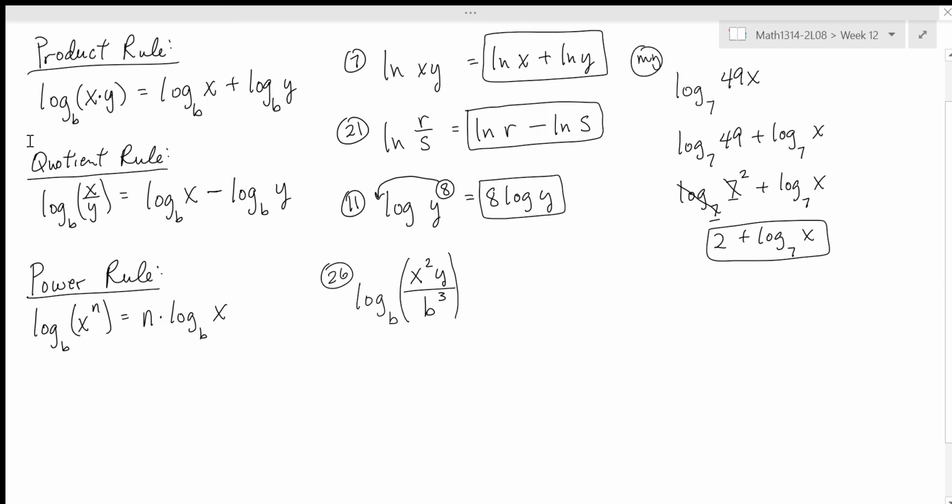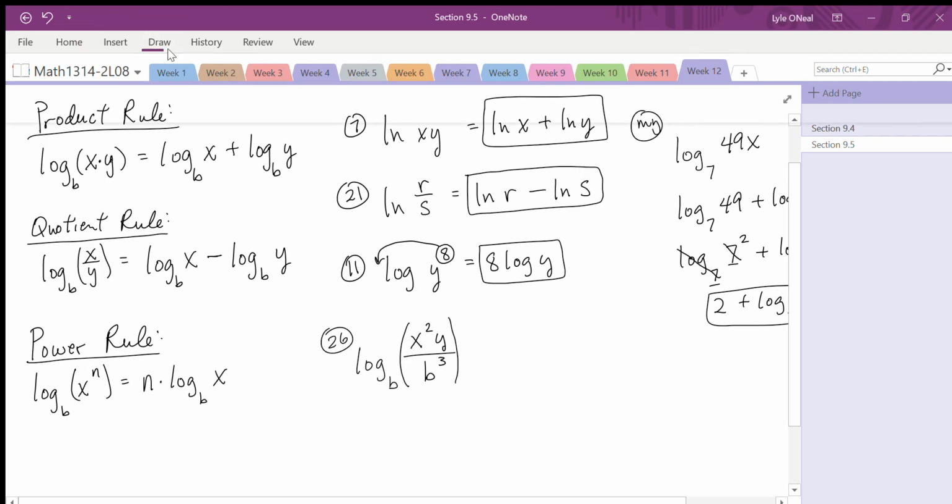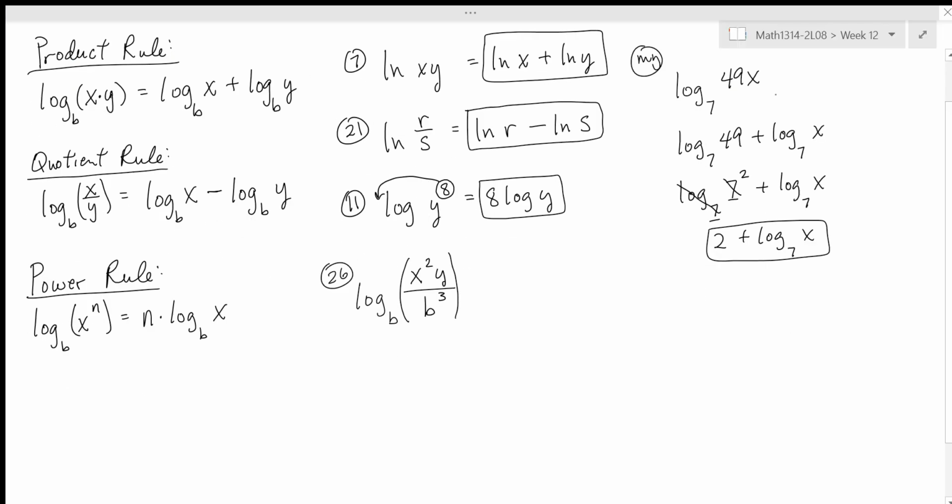It turns out that the quotient rule always goes first. So if you have a fraction, you have to break it down first. Next, any multiplication needs to be separated. And the last thing that you deal with are the powers.